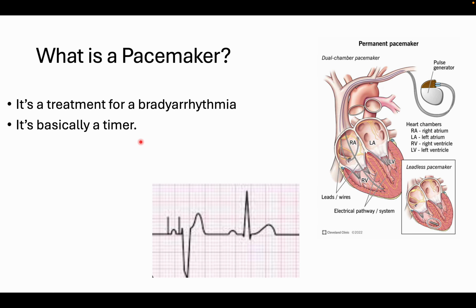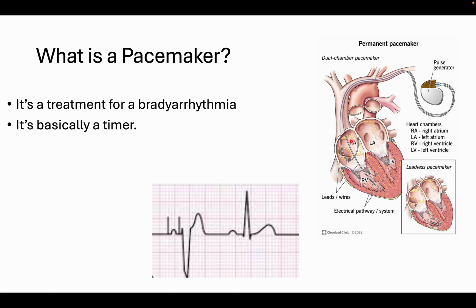So a pacemaker, in its fundamental function, behaves as a timer. The pacemaker itself is programmed to set a time limit for intrinsic conduction to occur. So, for example, the right atrial lead will set a time for the normal sinus beat to occur.